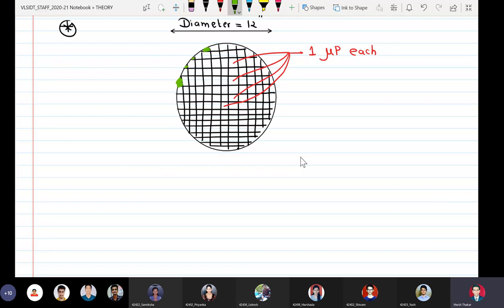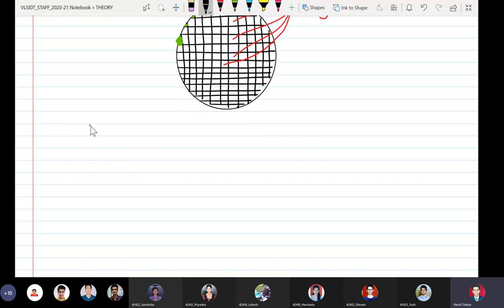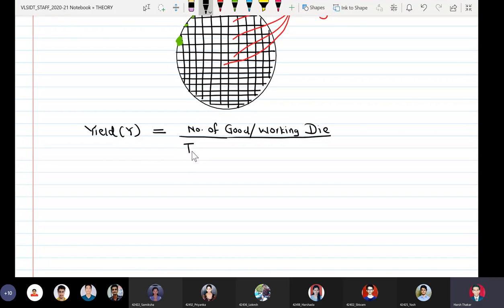Okay, so this is called a good die, and others are called bad dies. So the yield of a wafer is defined like this. The spelling of yield: Y-I-E-L-D. The yield Y is equal to the number of good or working die divided by the total number of die per wafer.